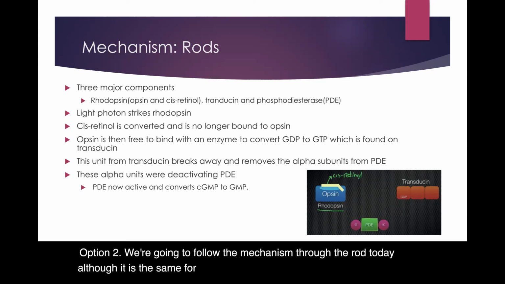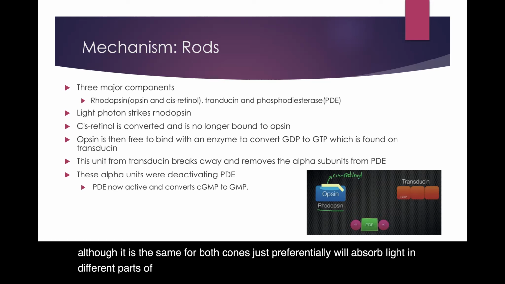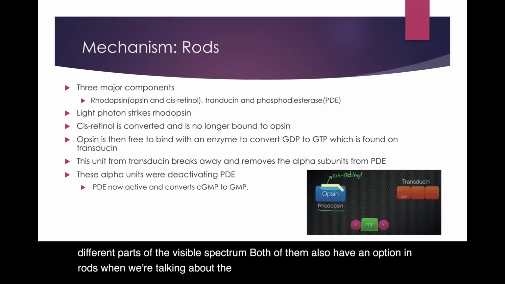Cones just preferentially will absorb light in different parts of the visible spectrum. Both of them also have an opsin. In rods, when we're talking about the opsin, it is specifically known as rhodopsin.